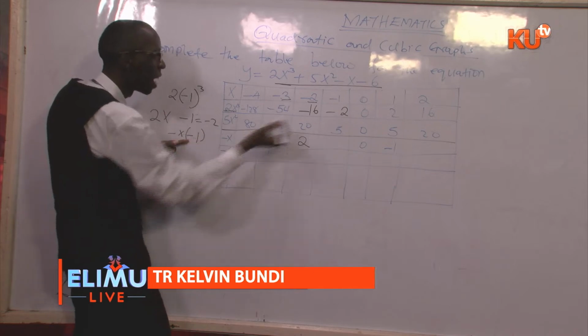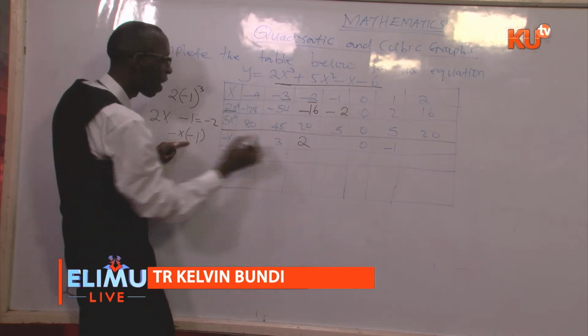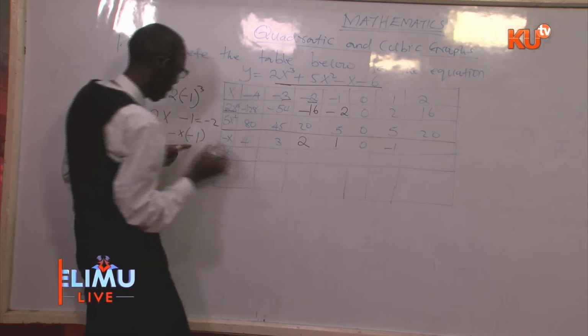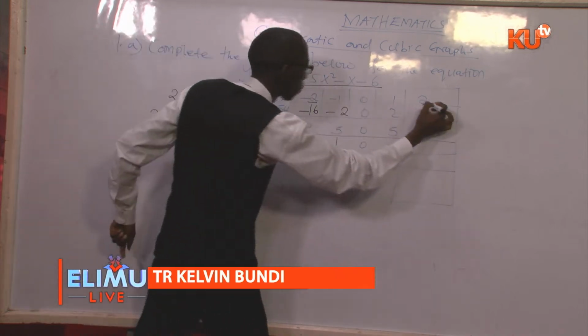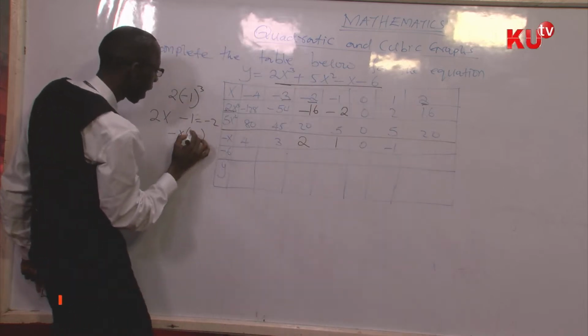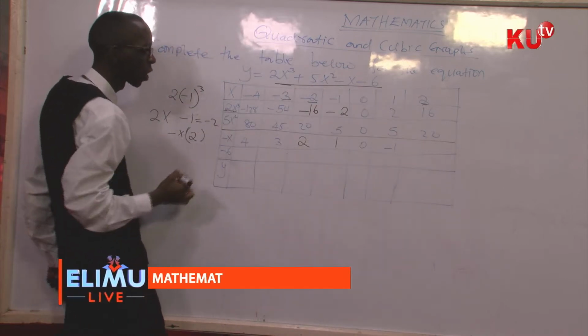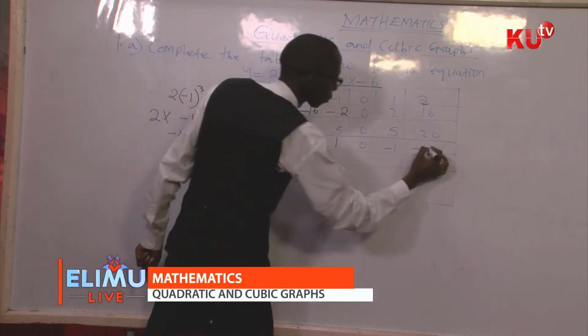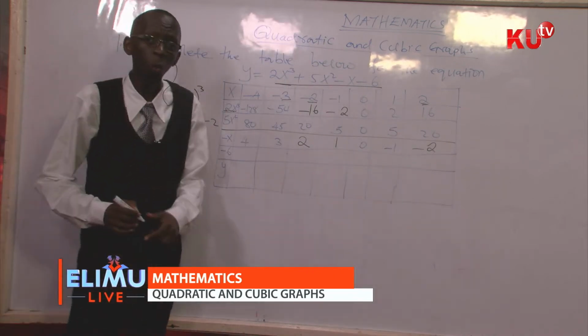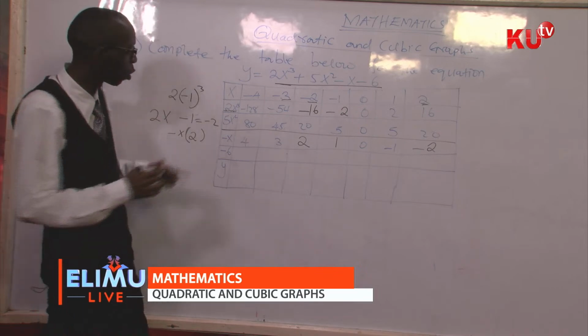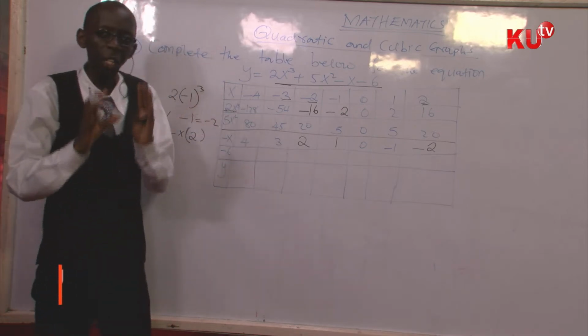Negative times negative 2 will give us positive 2. Negative times negative 1 will give us positive 1. Negative times positive 2 will give us negative 2.